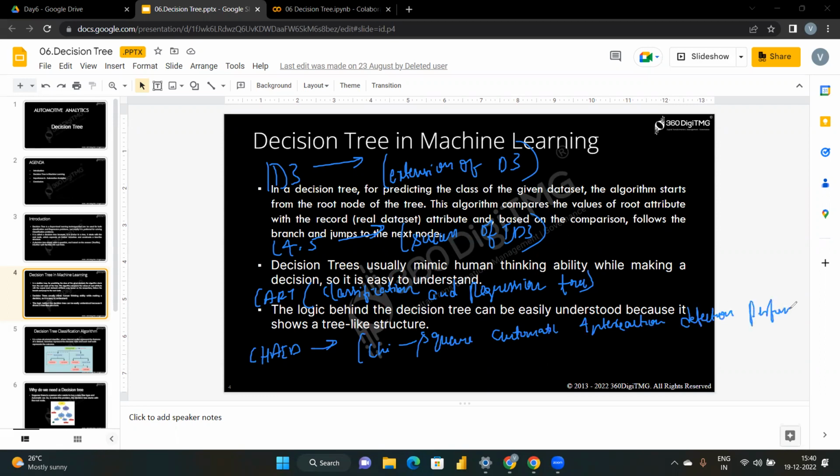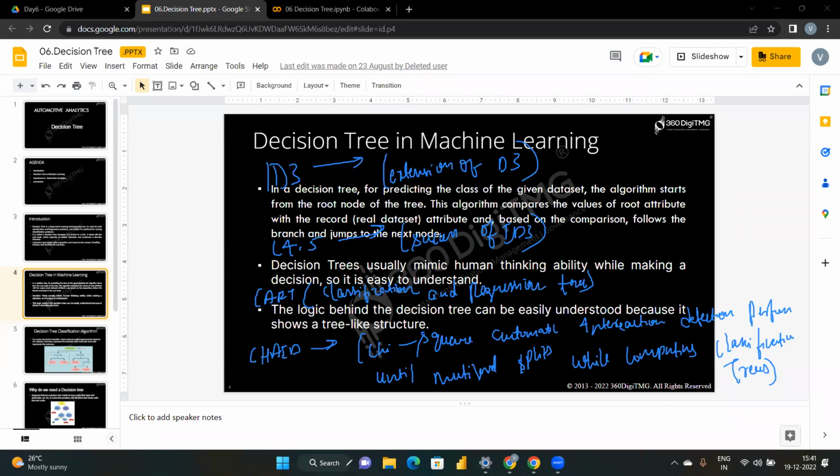It performs multi-level splits while computing classification trees. Yes. So chi-square automatic interaction detection performs multi-level splits while computing classification trees.